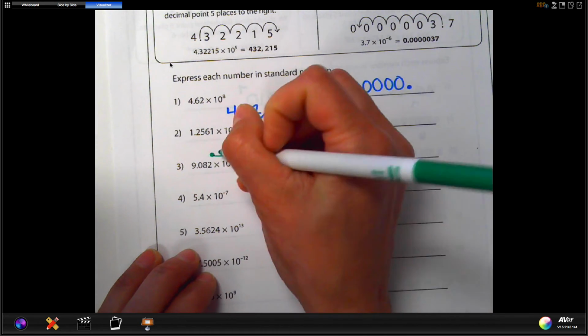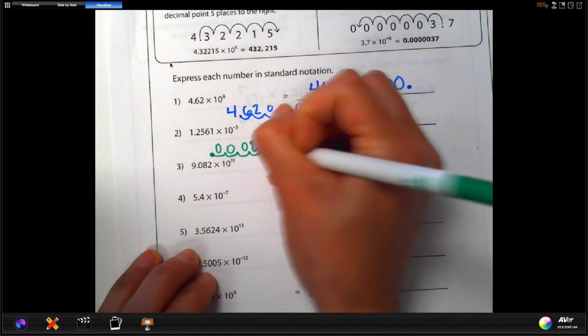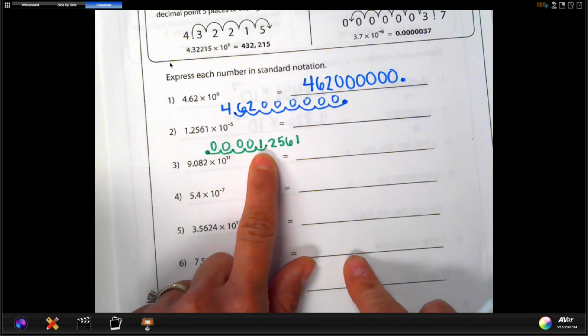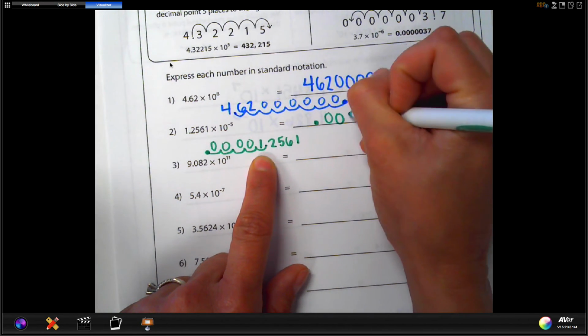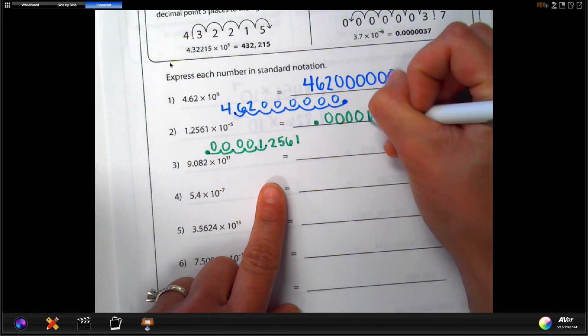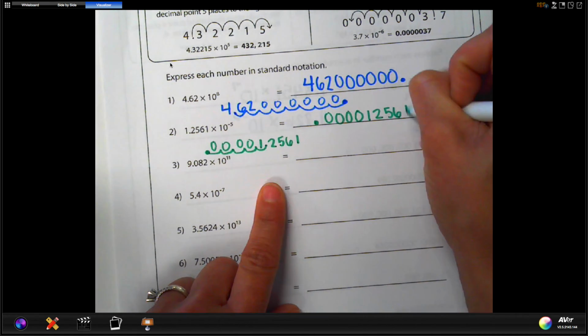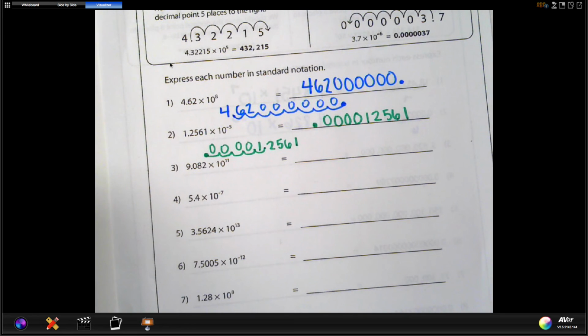There's my decimal. Fill in my zeros. One of those spaces got taken by the 1, so I have a decimal point and 4 zeros, and then 1, 2, 5, 6, 1. And that's my answer. Hopefully you found this helpful in converting numbers back into standard notation from scientific.